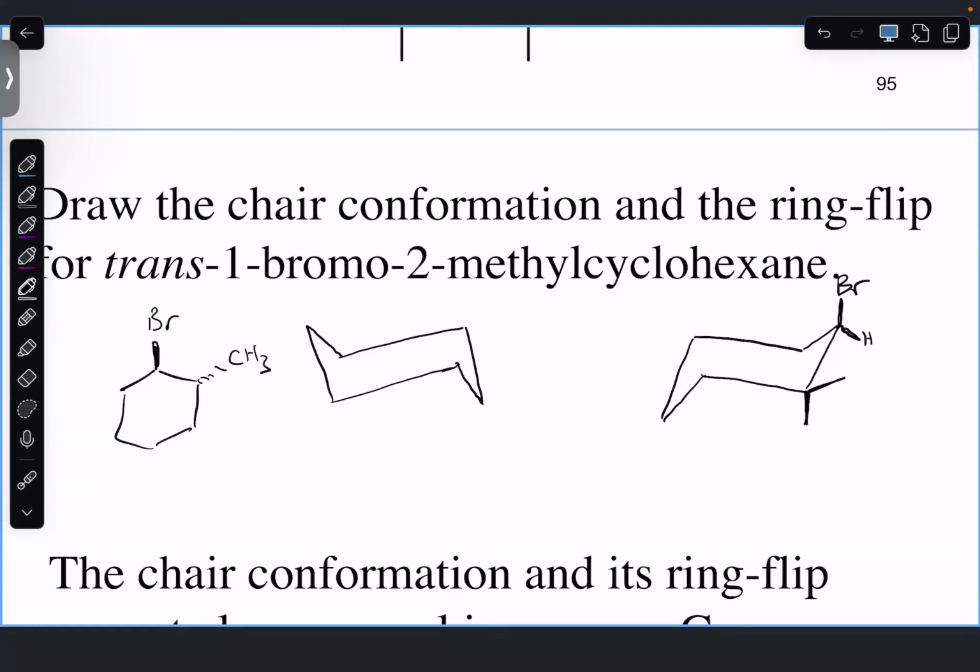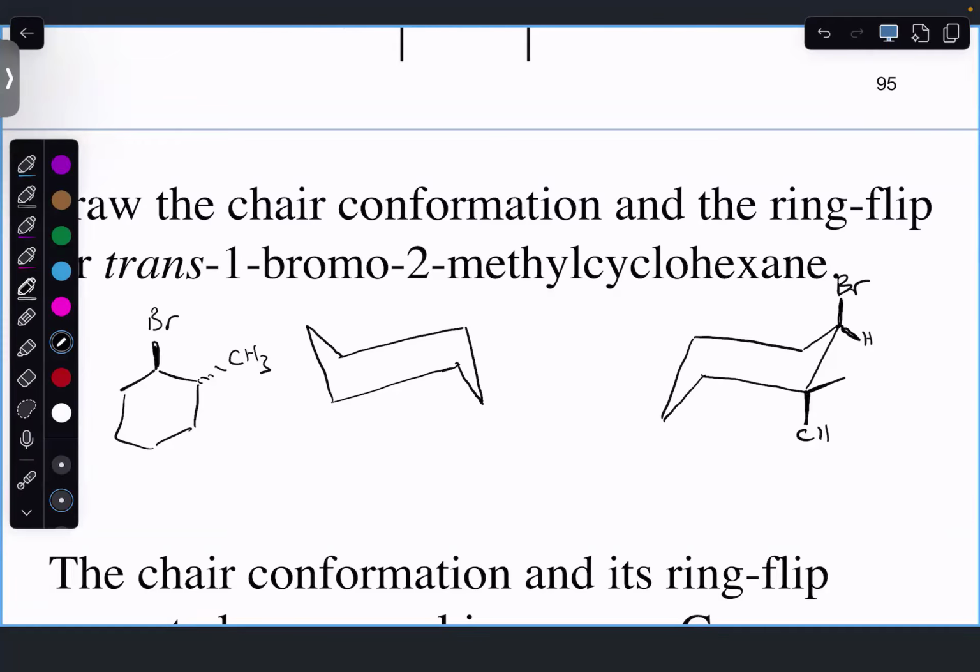That's what trans means. So I'm going to put the methyl group there. So that's one chair form. Any questions how we did that?